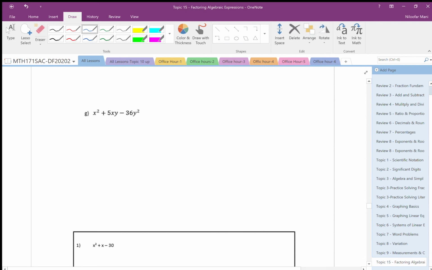How about this one? I am looking for two numbers. If I multiply them it is minus 36y squared, and if I add them it is 5y. Let me see. 12 and 3, no, it doesn't work. So minus 9y and 4y.